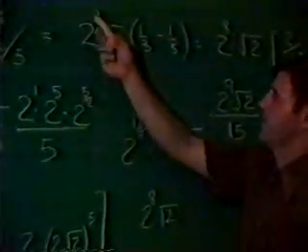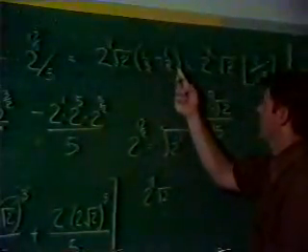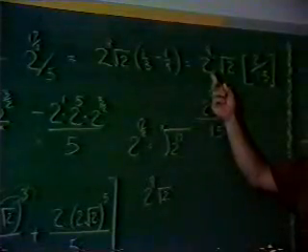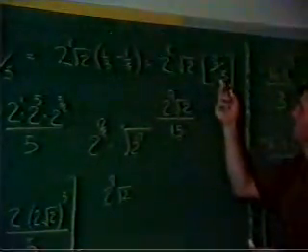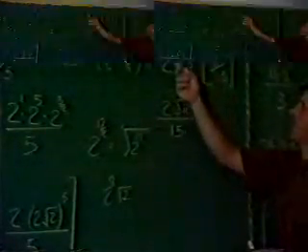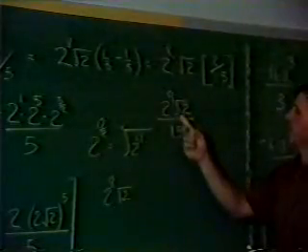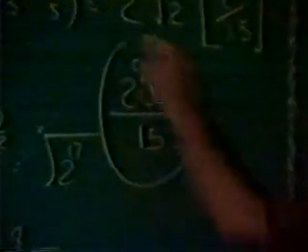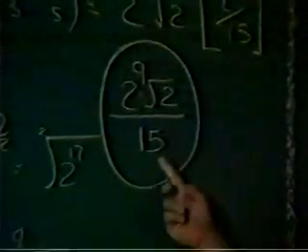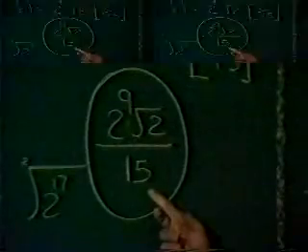That's what I have here: 2 to the 8th times the square root of 2 times 1/3 minus 1/5. Subtracting here, I get 2/15. Bringing the 2 out and multiplying it times 2 to the 8th, I get 2 to the 9th times the square root of 2 all over 15. This is the definite integral. It is a number. It is not an algebraic expression.